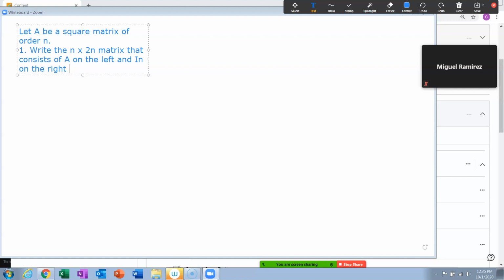Okay, on the right, to obtain this matrix here. Bracket A space I, close bracket. That's the augmented matrix AI.